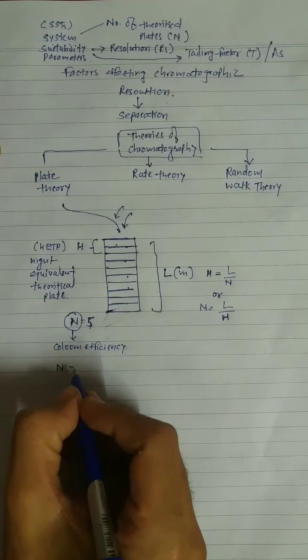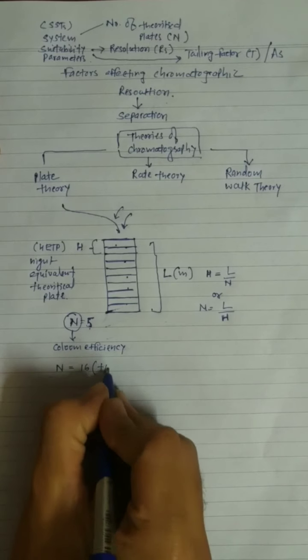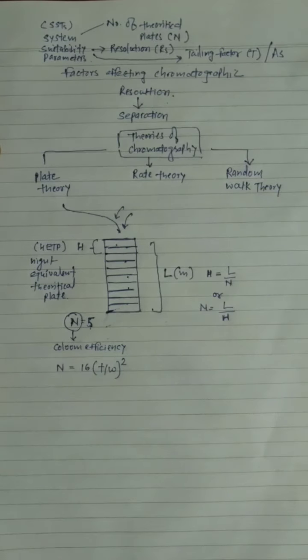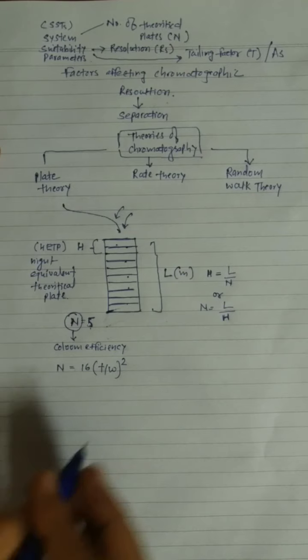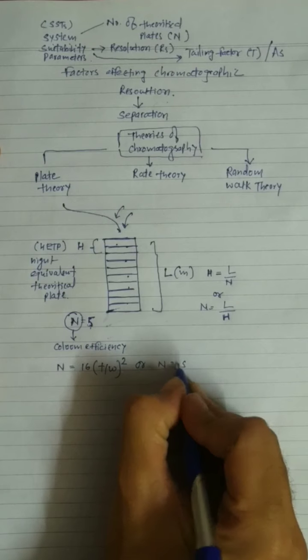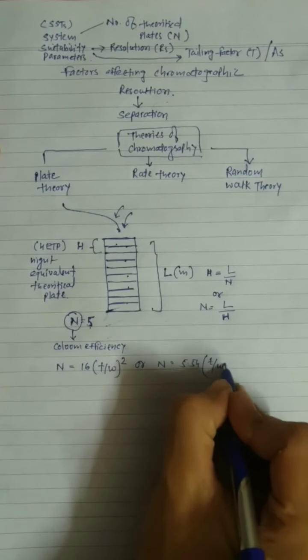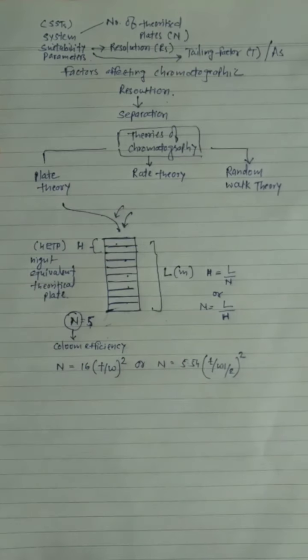So N is equal to 16 (T by W) whole square, where T is the retention time and W is the peak width, or you can say that N is equal to 5.54 into brackets (T by W 1/2) whole square, where T remains the same, it is the retention time of the component, and W 1/2 is the half peak width.